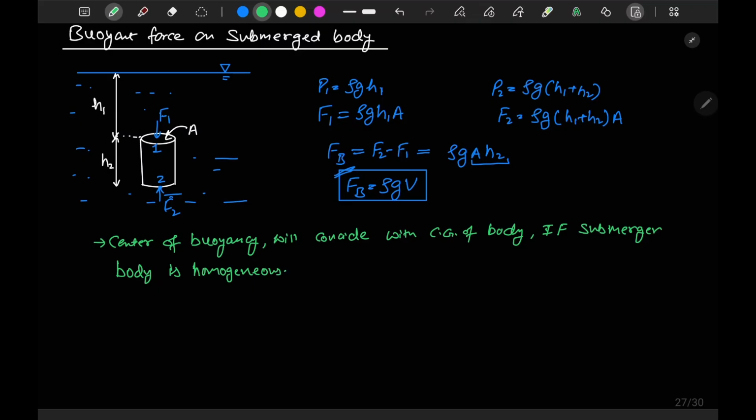In case of homogeneous bodies, the center of gravity generally lies at their geometric centers. Because here, one more thing, the density of fluid is what we consider here. This is also the density of fluid.